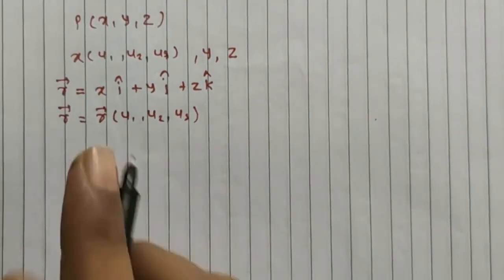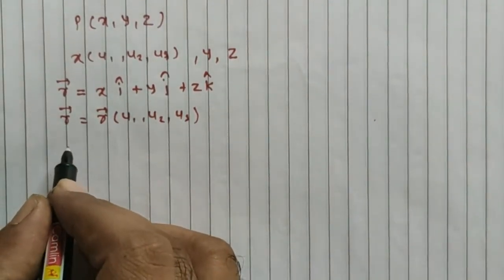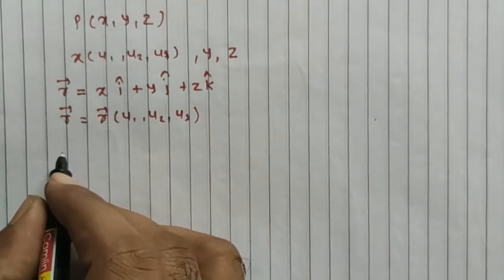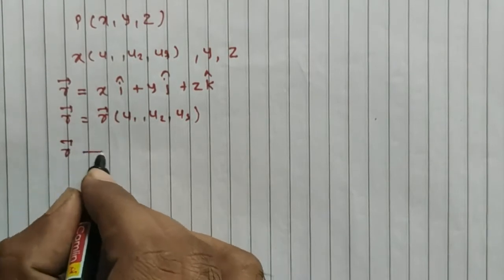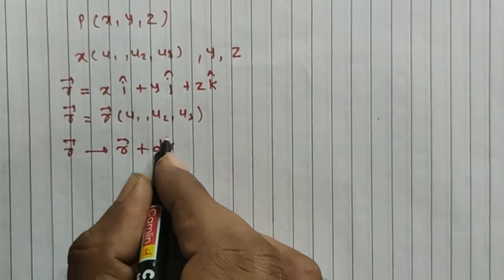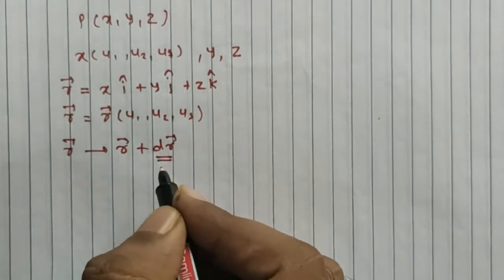Now, suppose that point P shifts from some position to another and there is a change in r bar. That will be r bar plus dr bar. So dr bar is the change in position.